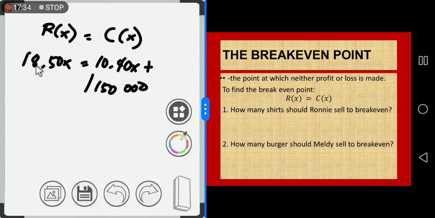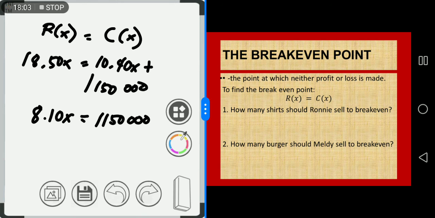So, subtracting the two, hindi ko na isusulat ulit kasi medyo masikip. If we subtract 1850 and the 1040, we have 8.1x equals 1,150,000. So, dito sa case na to, if ever our result is not exact, you have to round it up. Ibig sabihin, yung next whole na ang iyong gagawin.